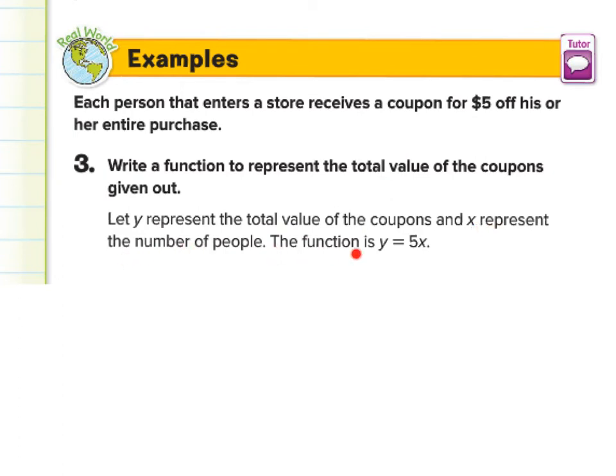The function is y equals $5 per person, and that would be the total value of coupons. So $5 for every person, how many coupons in terms of value did we give away?